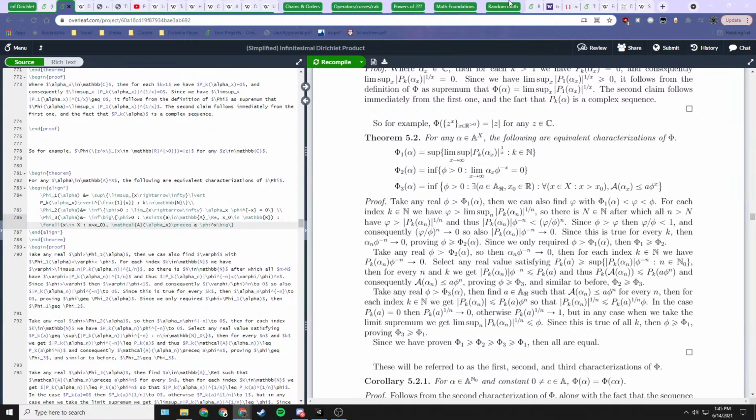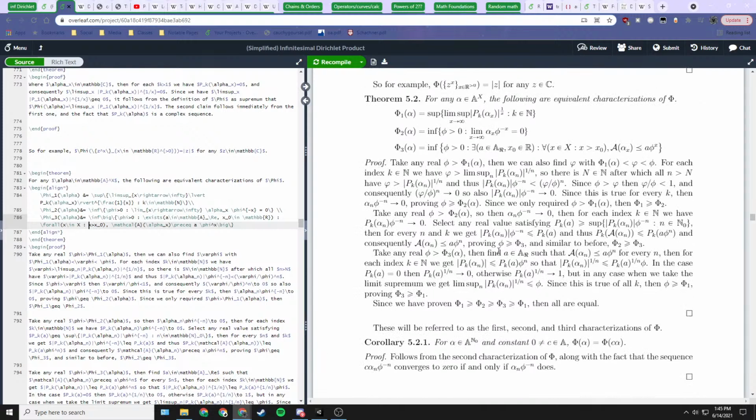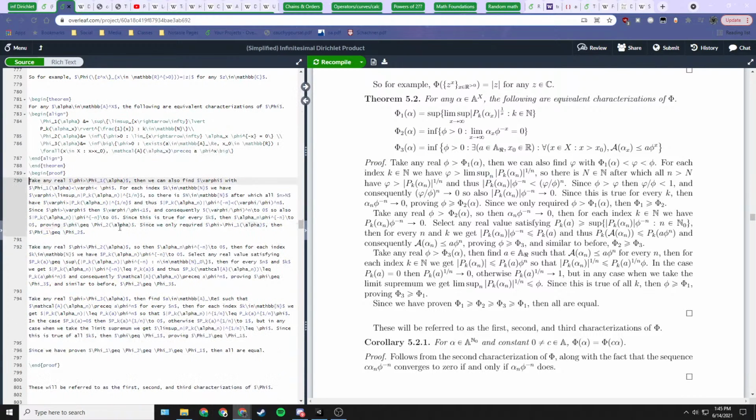Okay, so now we'll have to double check our proof. So take any real phi, blah, blah, blah. Then we can also verify with this. For each index k, we have, instead of doing lim supremum, we'll do x.